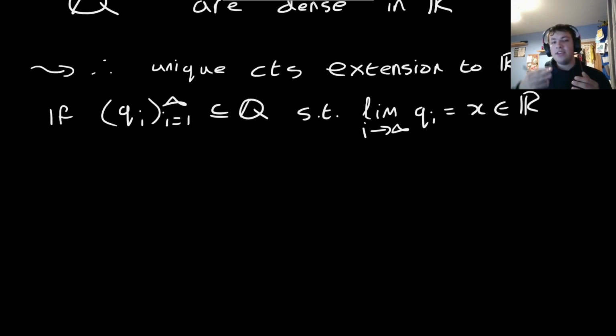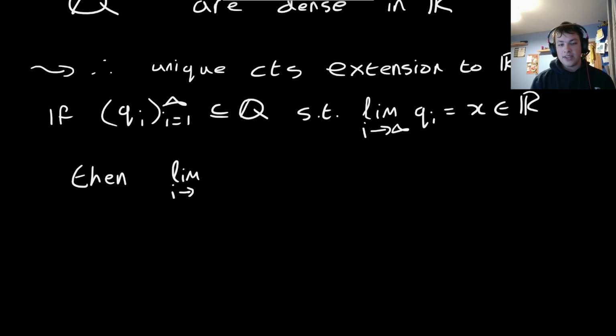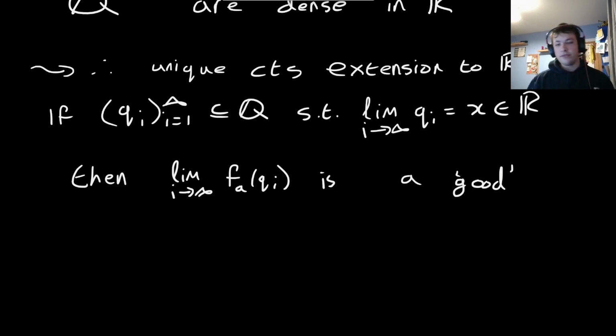Okay, so we take any rational sequence that approximates this arbitrary real number x, then the limit as i tends to infinity of fA of q_i is a well-defined and continuous definition of fA of x that satisfies all of our properties.